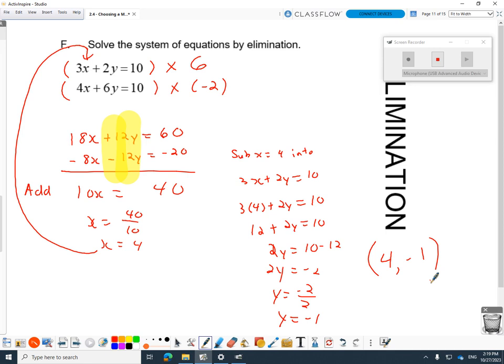Mr. Todd, I'm still not sure when to use each method. Good, I'm going to write it with as few words as I can in 3 boxes on the next page. Okay? I've got to answer those 3 questions at the bottom of the page, but then I got the 3 boxes coming up. I went through that last part fast. Do you have any questions about the last part?